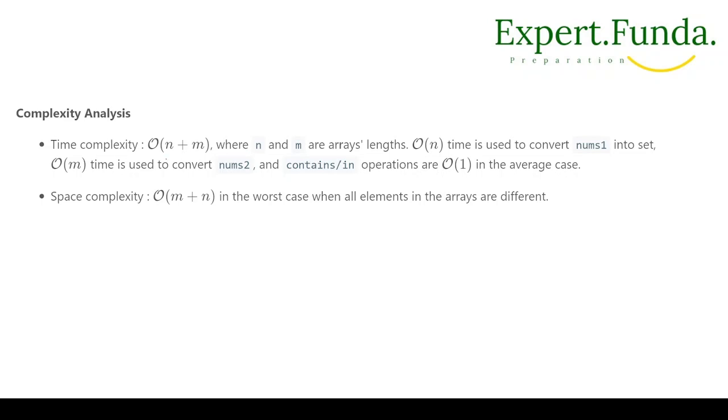If we have n elements and m elements as the lengths of the two arrays, converting the elements of nums1 into a set takes O(n), and converting nums2 into a set takes O(m). The operations take O(1) on average, so if you sum them up, it will be O(n plus m). And the space complexity will be O(m plus n) in the worst case, when all the elements are different.